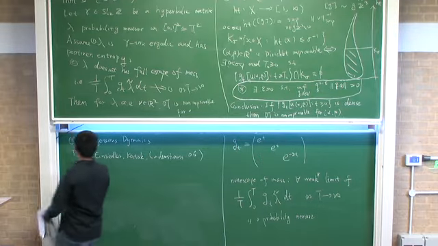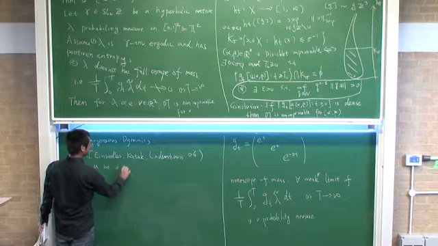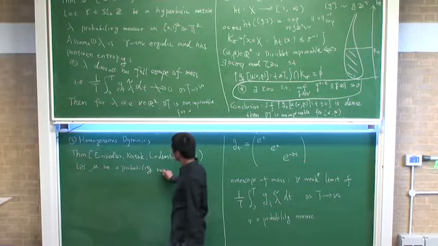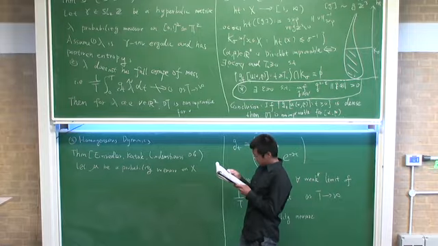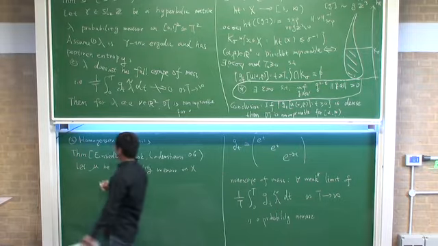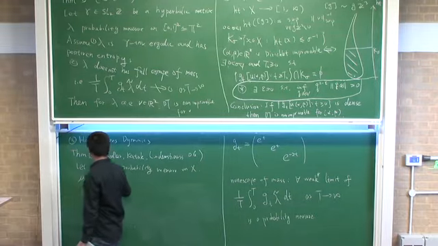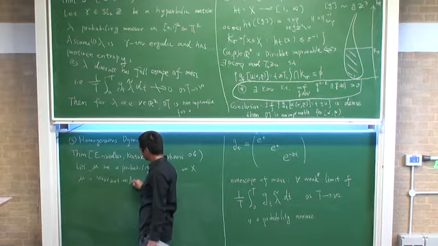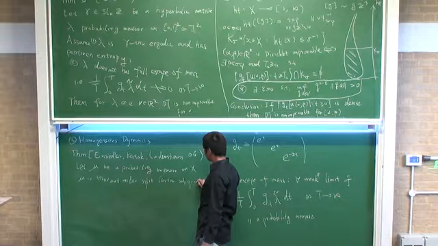Let mu be a probability measure on the space, and suppose that mu is invariant under some Cartan subgroup, which we denote by A.